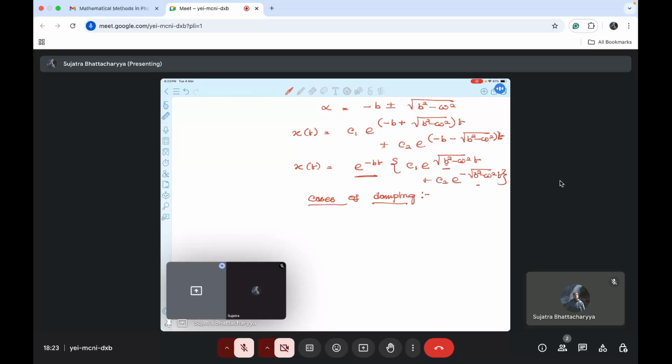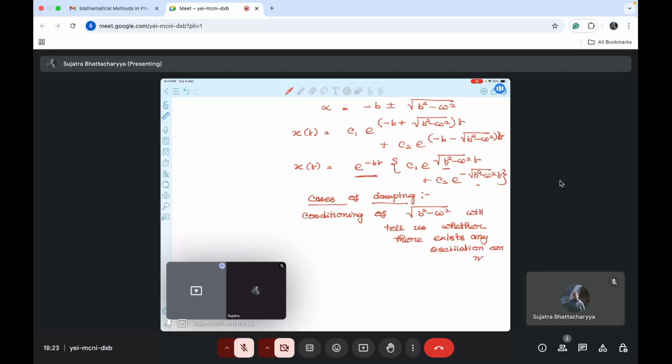So I can write: conditioning of root over b square minus omega square will tell us whether there exists any oscillation or not.